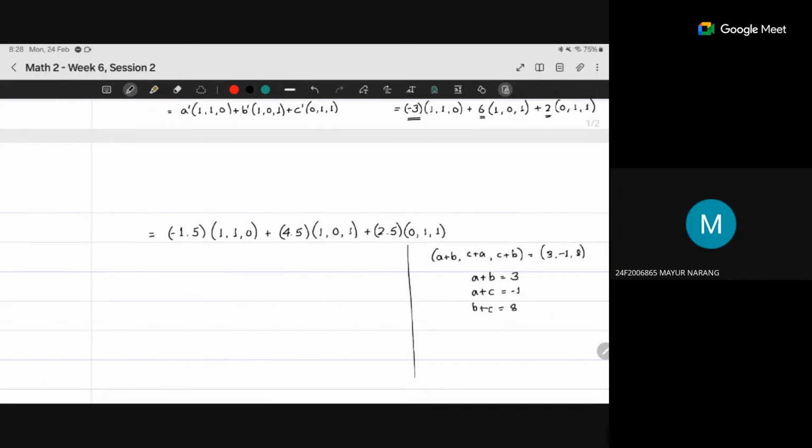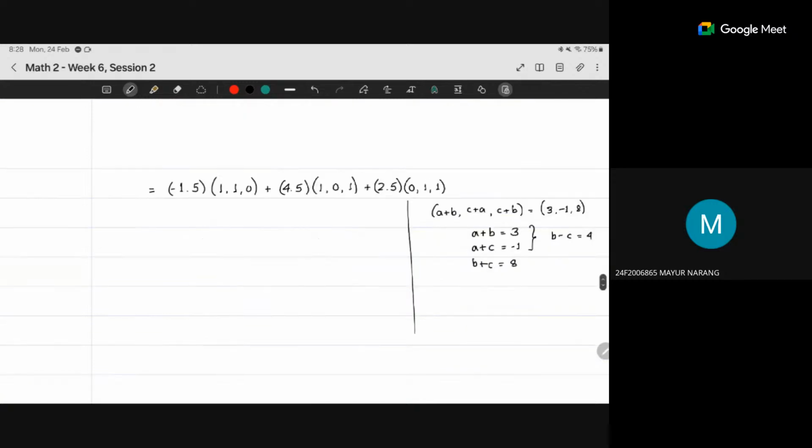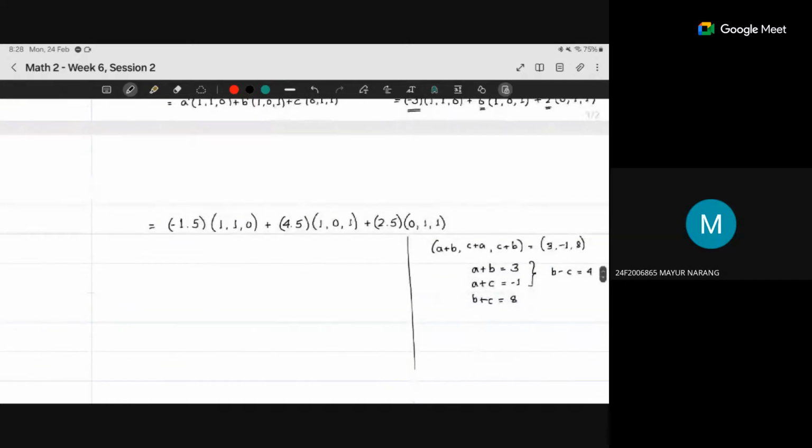You do it in whichever way you want. Suppose you subtract these two, you will get B minus C is equal to 4. So B minus C is 4 and B plus C is 8. This gives me B is equal to 6 and C is equal to 2.